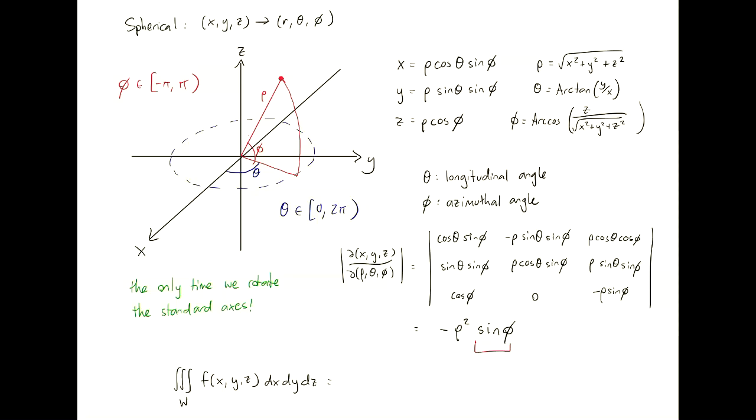This thing is positive, this thing is positive, and this thing is negative. So our integral is the integral over our mapped region of f in terms of rho, theta, phi, times rho squared sine phi, d rho d theta d phi.